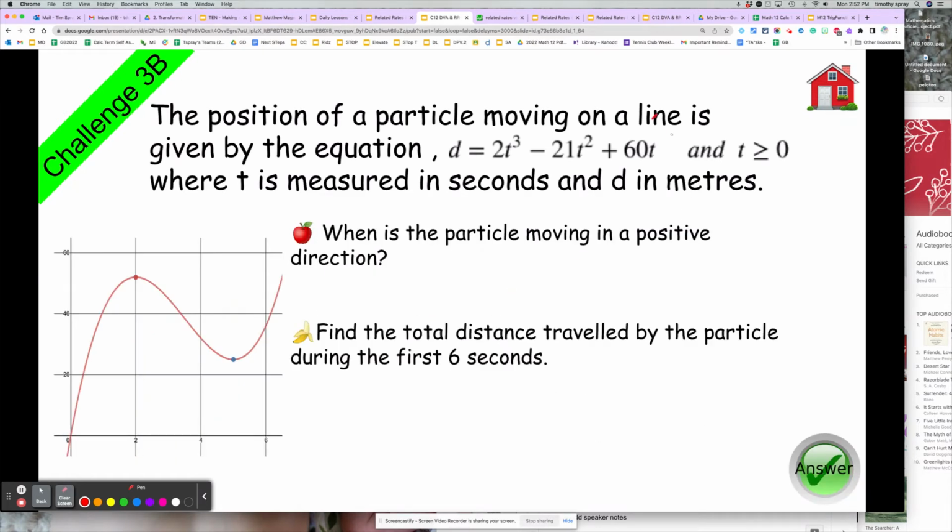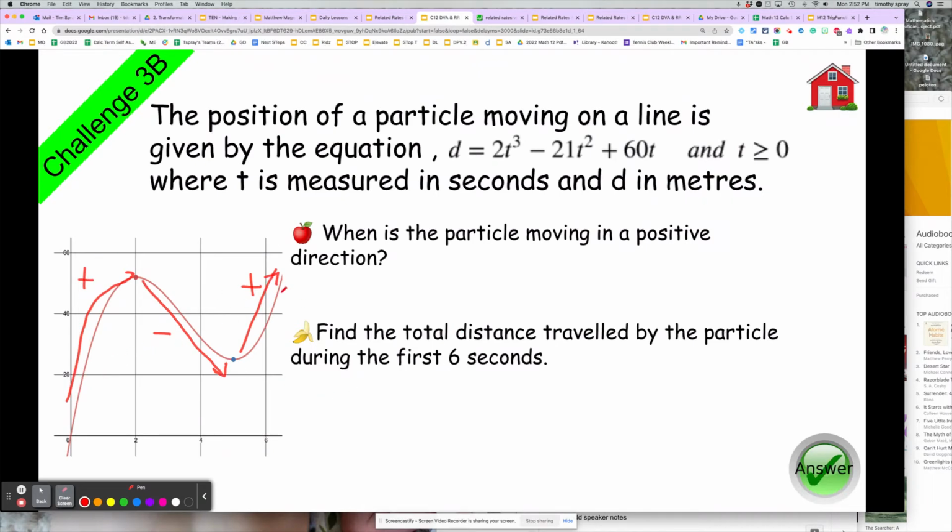The position of the particle moving on a line. Okay, so we've heard this before. When is the particle moving in a positive direction? When we think positive, we think of a positive slope. So this would be a positive slope up until that point, and then this would be a negative slope. So essentially what we need to do is just figure out when the slope is positive and negative.